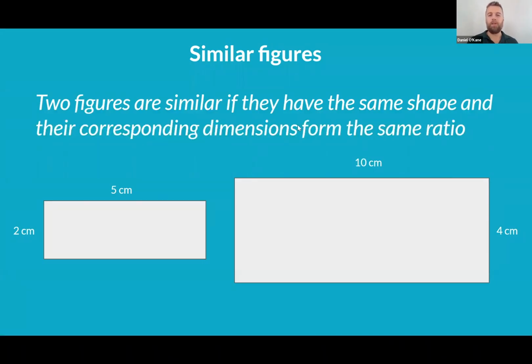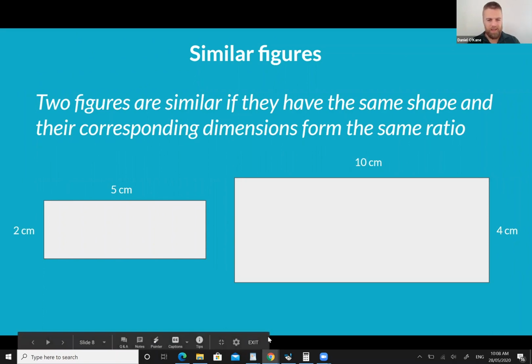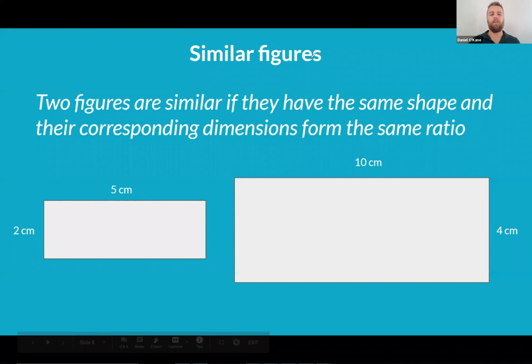So, similar figures. Two figures are similar if they have the same shape and the corresponding dimensions form the same ratio. Looking at this particular question, here are two rectangles, and they have the same shape. They're both rectangles.